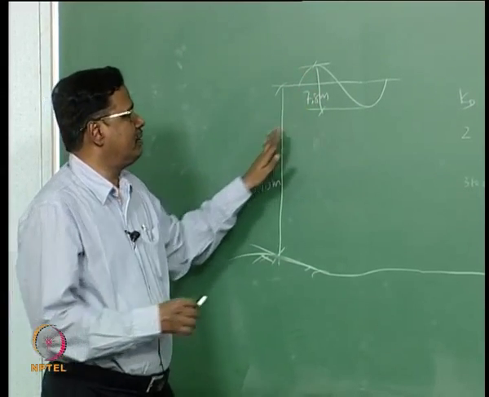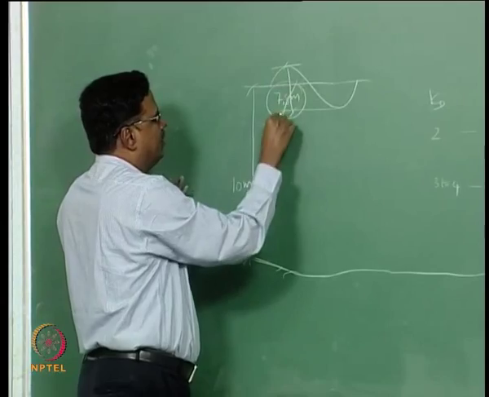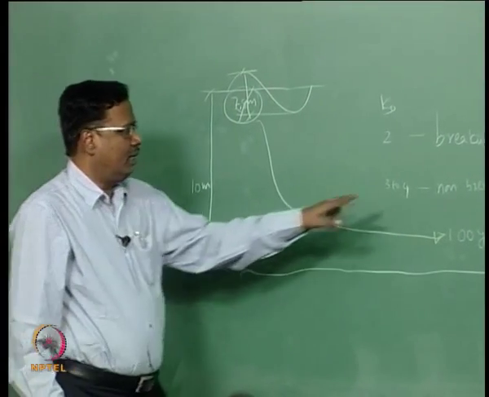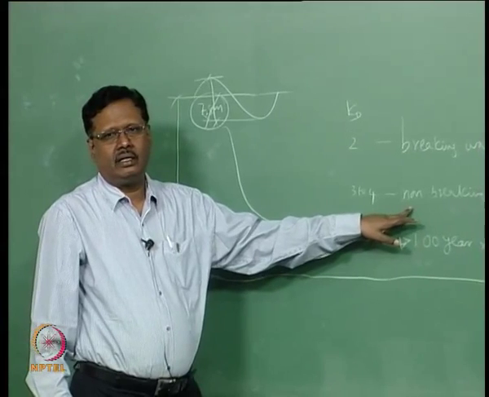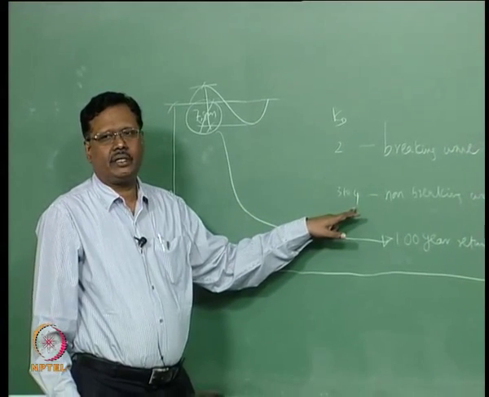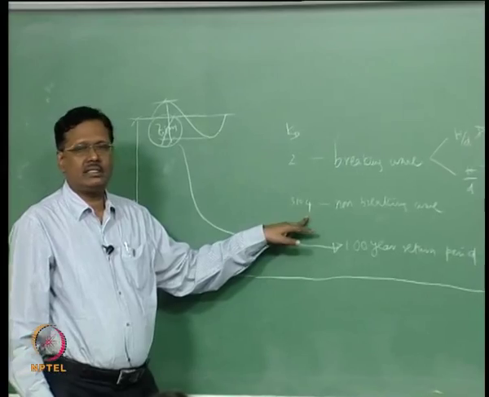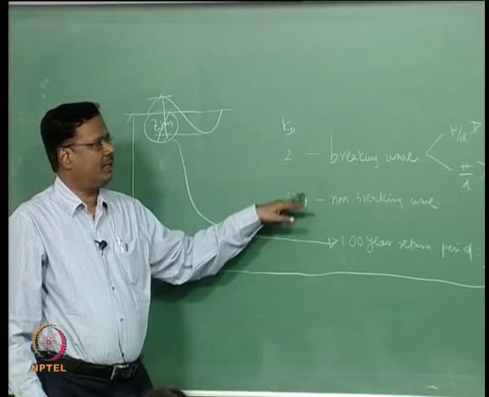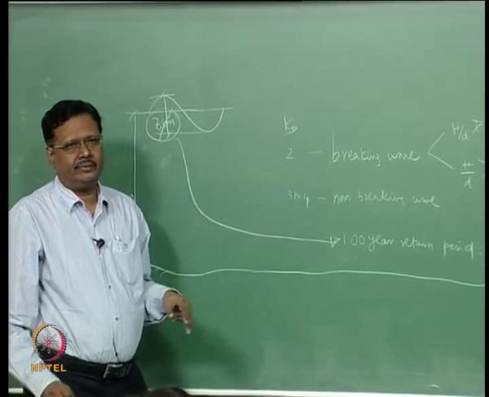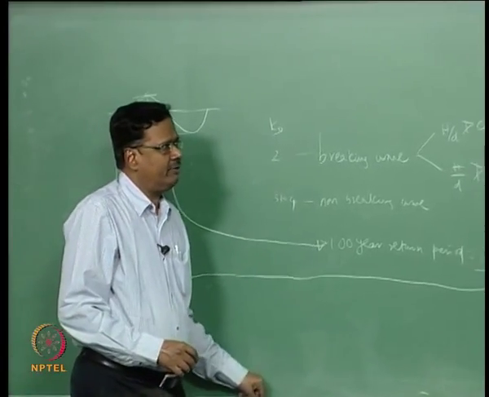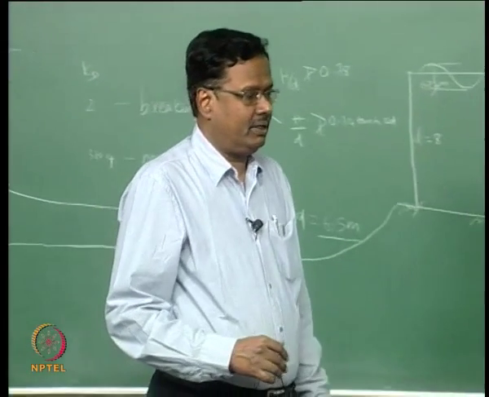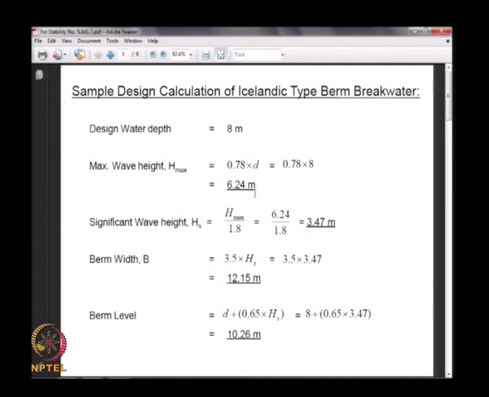Otherwise we should not assume this; we should assume only the 6.5 meter non-breaking wave, which can have a higher stability coefficient, and in that case your weight of the stone will be less compared to a breaking wave. So, this is the influence of breaking wave on design of breakwater.